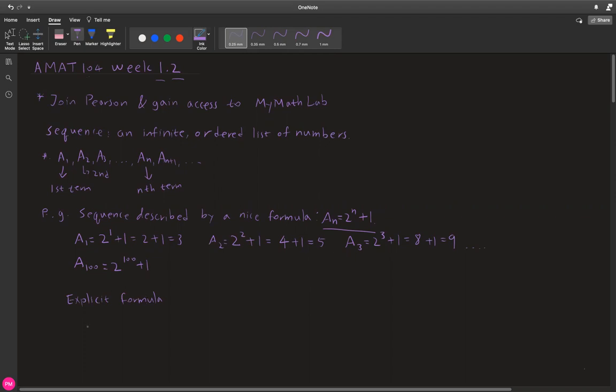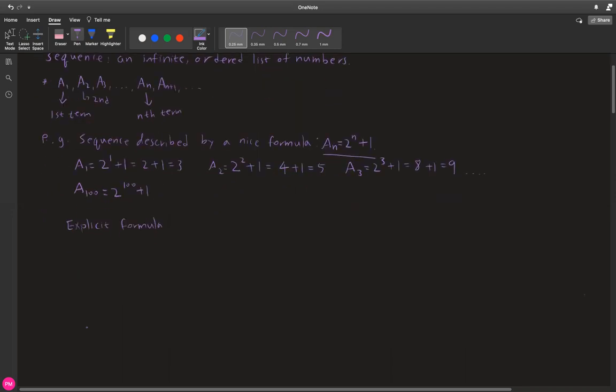So let's look at another example, which is a little more complicated. Well, not really complicated, but a little different. I'm sure some of you have already heard of this thing called the Fibonacci sequence.